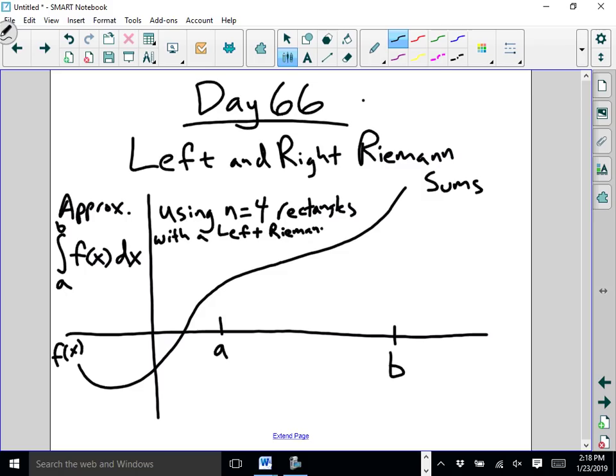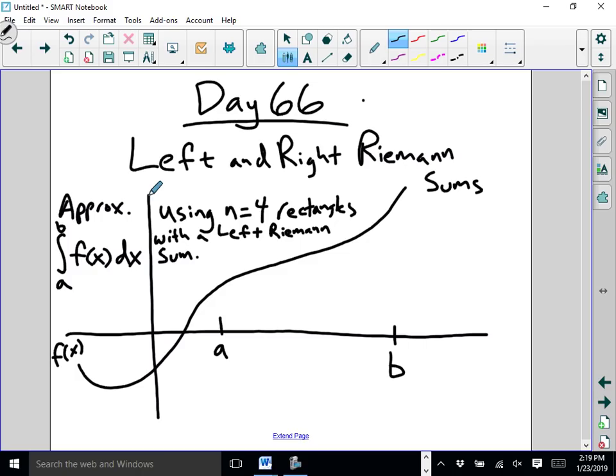A Riemann sum is simply, we turn the area underneath the curve, or close to it, into rectangles. All we're going to do is turn this into 4 rectangles because it's really easy to calculate the area of a rectangle. Now, I said at the beginning we have left Riemann sums and right Riemann sums. So, what's the difference there? Well, it depends on which side of the rectangle we're using for our height.